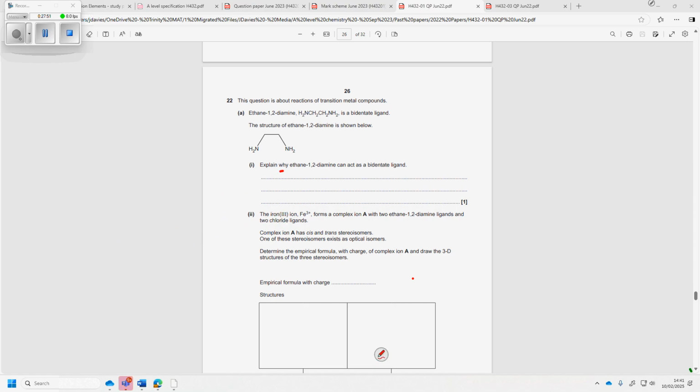We've got a complex of iron, Fe3+, with two ethane-1,2-diamine ligands, a different name for the same, a different way of naming the amine, and two chloride ligands. They've drawn the ethane-1,2-diamine or 1,2-diaminoethane, different ways of naming the same thing.